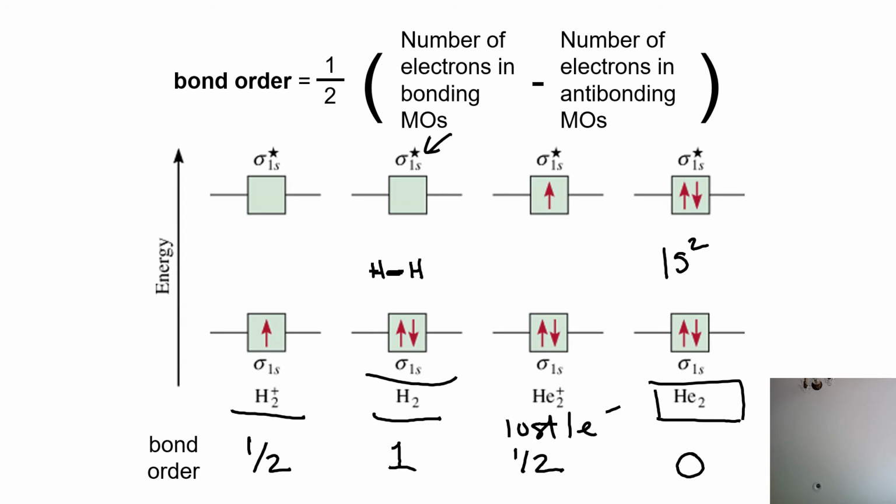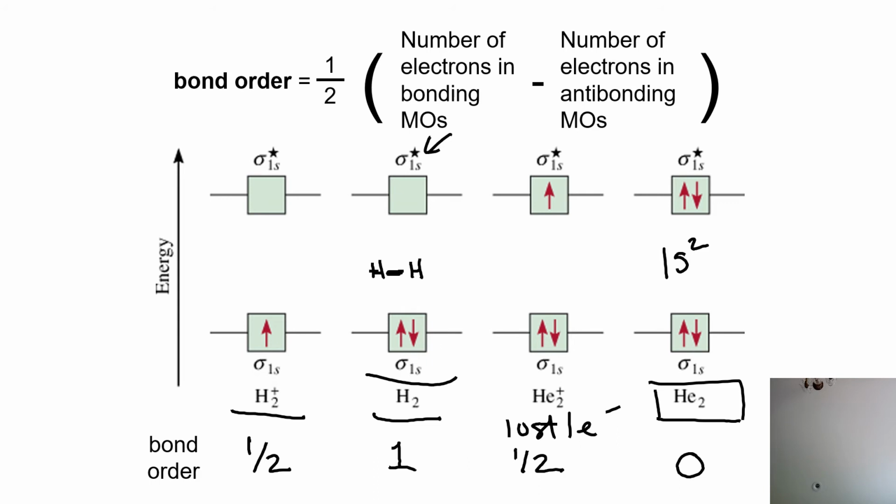We can have fractions. Obviously, half a bond isn't as stable as a whole bond, but it is a possibility. And we can also predict strength based on the size of that bond order.